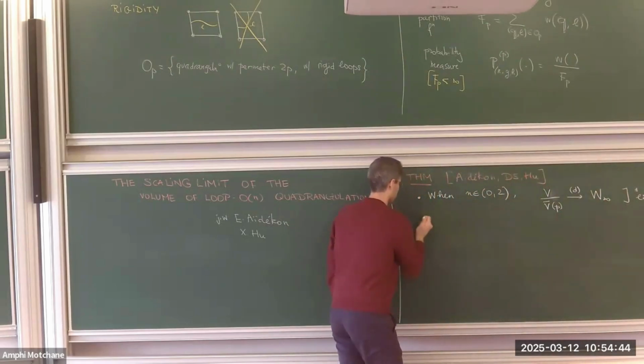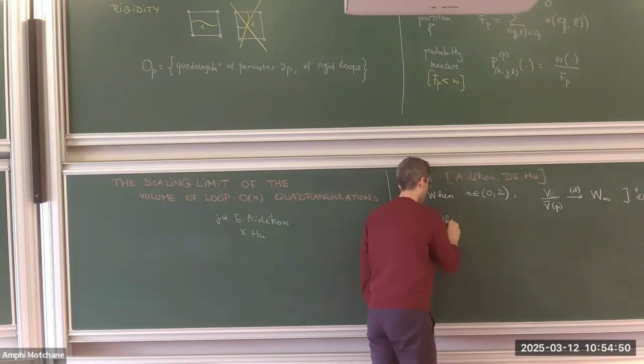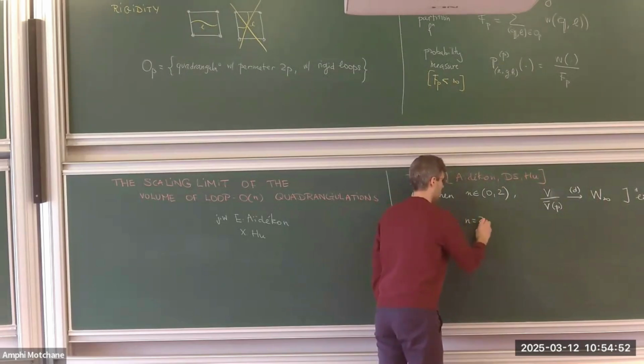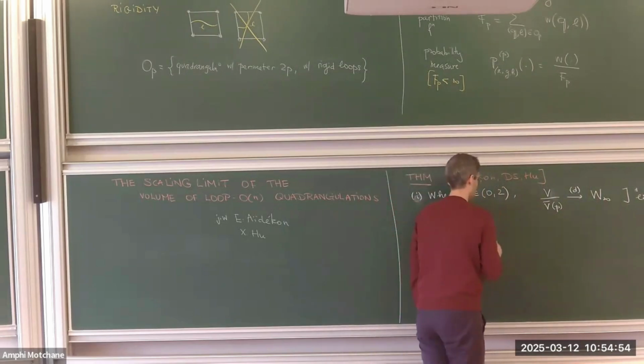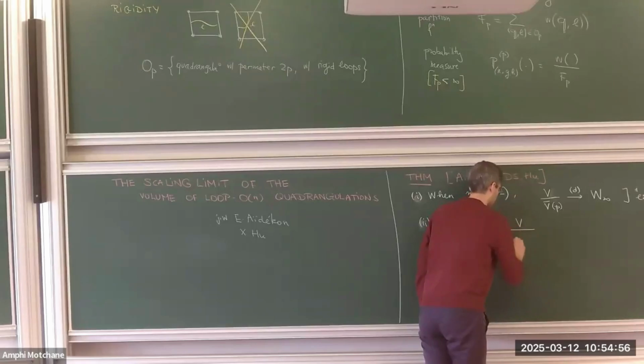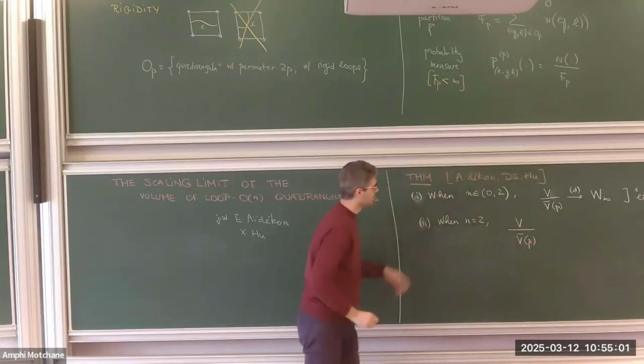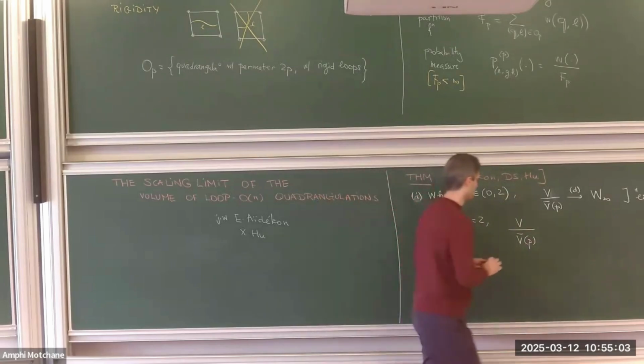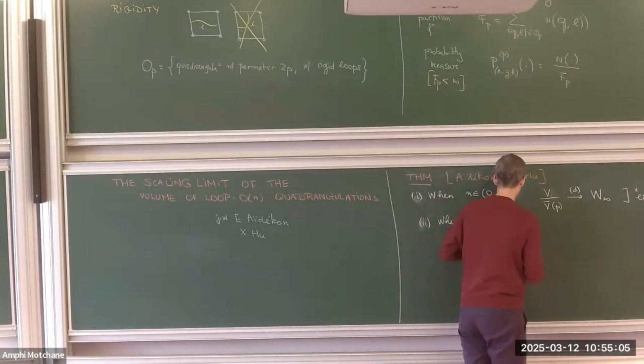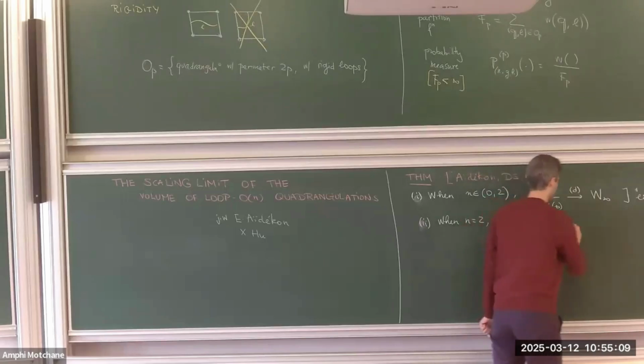And when n is equal to 2, you can look at the same quantity as above, but now you have to multiply it by a log correction so that it converges in distribution.